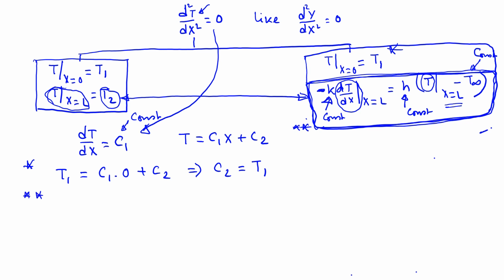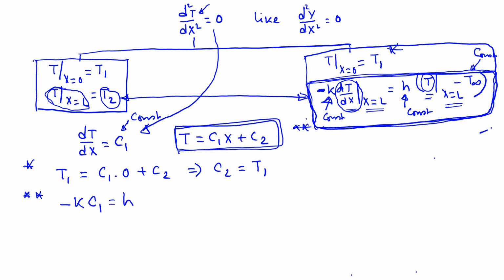For that, I write minus k times dT/dx at x equal to L. Realize that dT/dx is unknown, and T at x equal to L is also unknown because the function itself is unknown right now. So this is my function, and so I write dT/dx, which would be C1. If you take dT/dx of this one, you get minus k C1 is equal to h times this quantity.